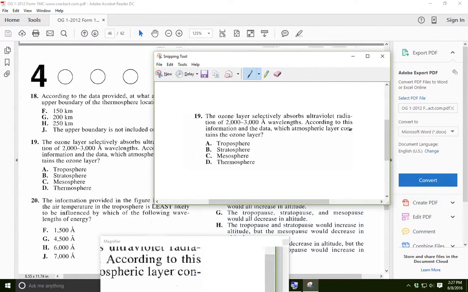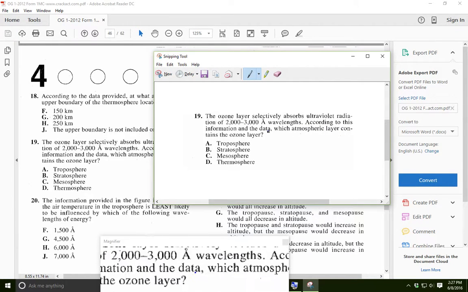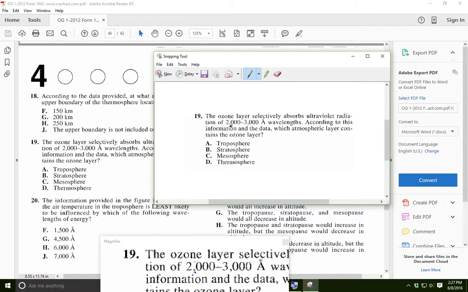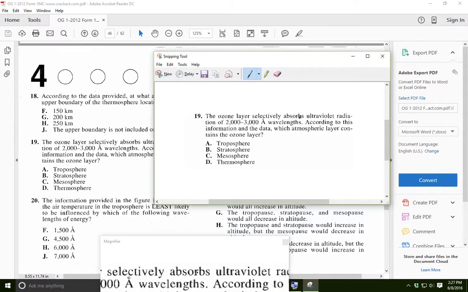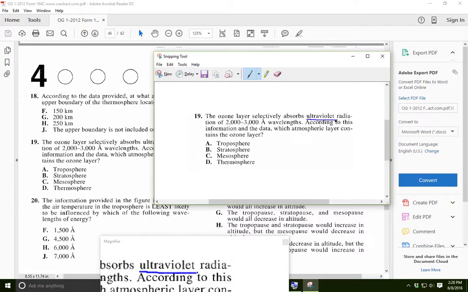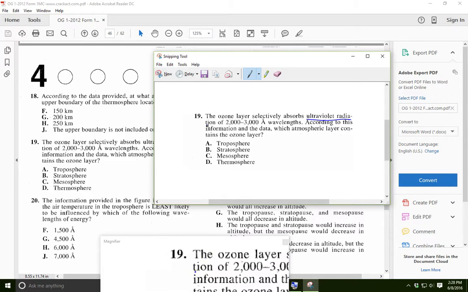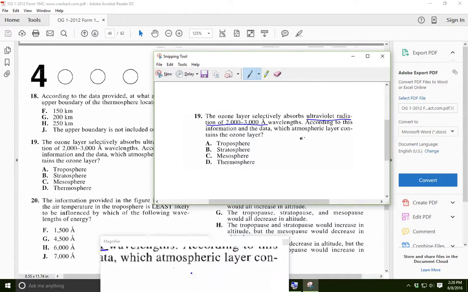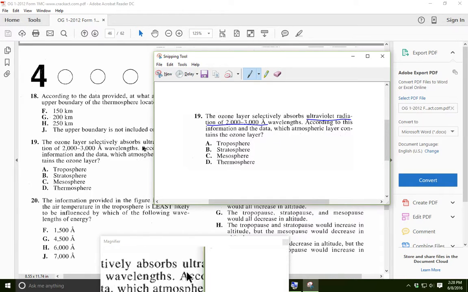According to the information in the data, which atmospheric layer contains the ozone layer? So the ozone layer selectively absorbs ultraviolet radiation of 2,000 to 3,000 angstrom wavelengths. According to this information and data, which atmospheric layer contains the ozone layer?